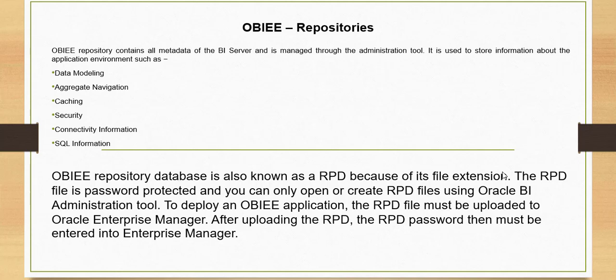The RPD file is password protected, and you can only open a keyed RPD file using the Oracle BI administration tool. To deploy an OBIEE application, the RPD file must be uploaded to Oracle Enterprise Manager. After uploading the RPD, the password must be entered into Enterprise Manager.